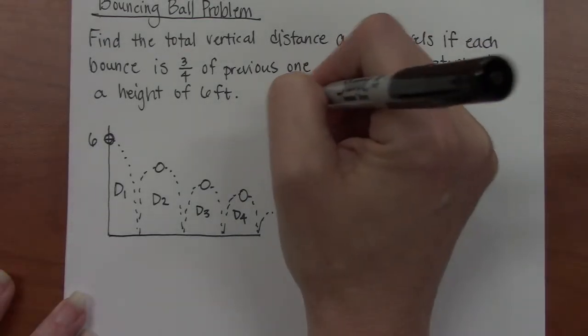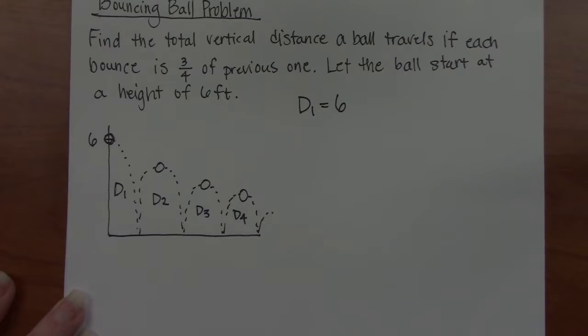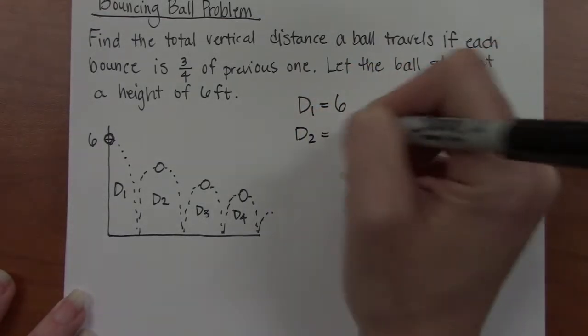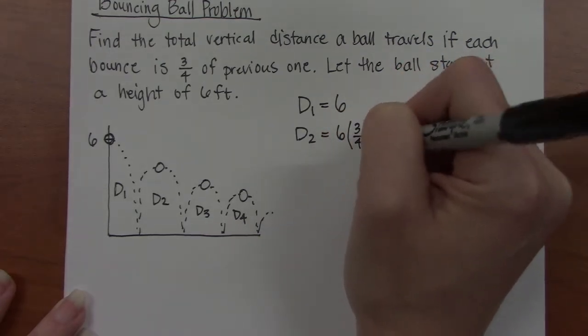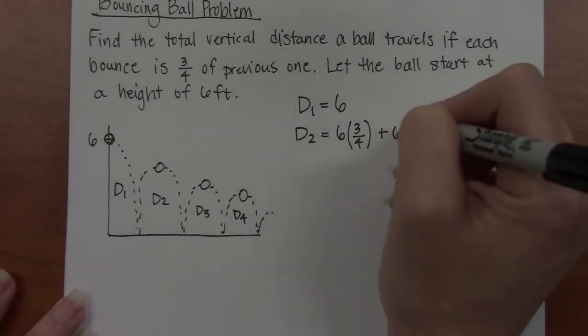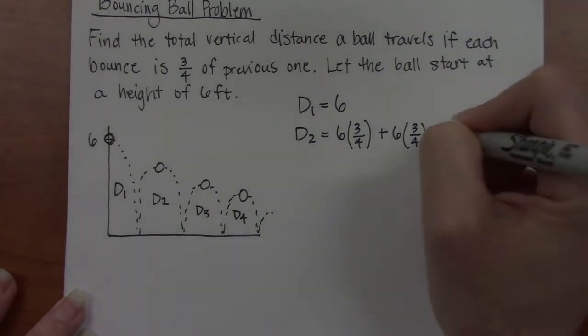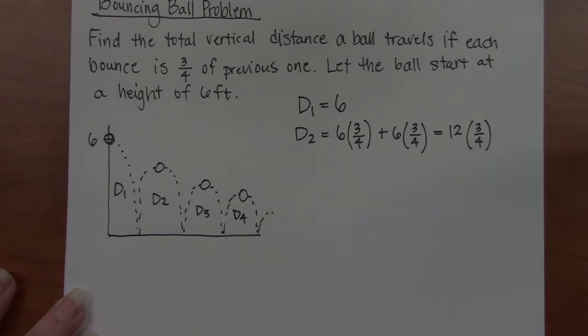So if we look at D1, we know that that's just 6 feet because the ball falls 6 feet. D2, it's going to get up to 3/4 of 6 feet. So that's the distance for the ball to go back up. Then it's going to come back down the exact same distance. So these two add together and we get 12 times 3/4.